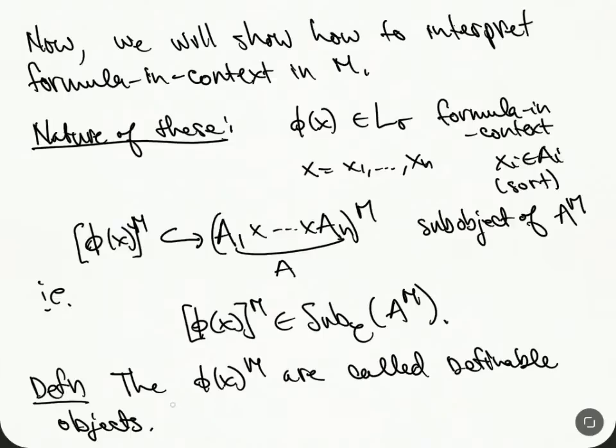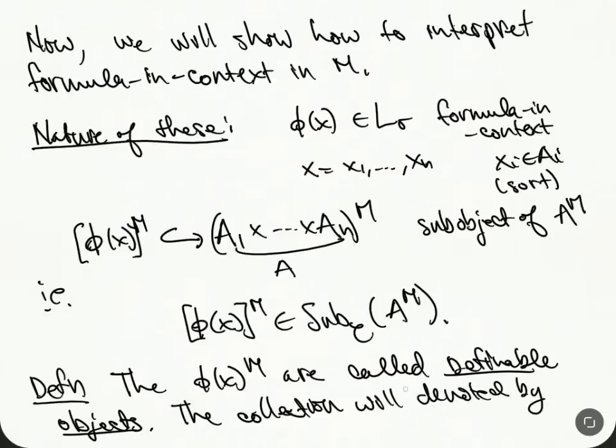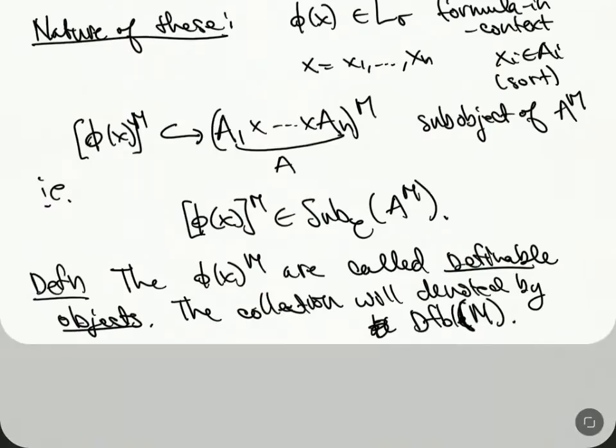And the collection of them will be denoted by DFBLM. Okay, so M is again a structure with values in a category. So like definable sets, these are going to be definable objects. So I'm going to omit the brackets there. Okay, so I may omit them.